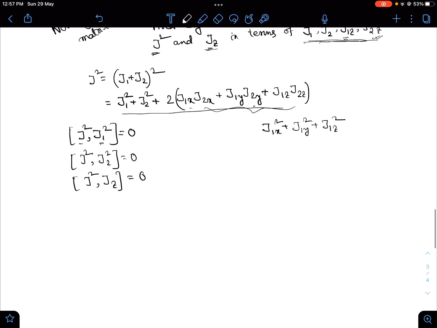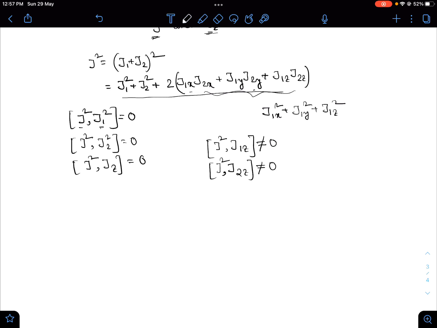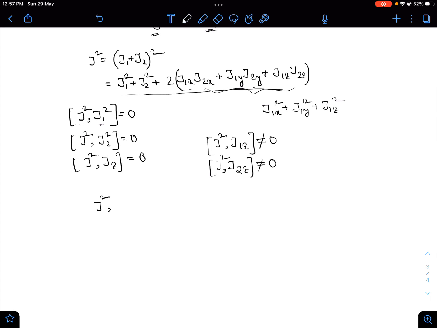But if you do the commutation relation between J square and J1z, you will find it to be non-zero. Similarly, if we evaluate the commutation relation between J square and J2z, we will again find it to be non-zero. That means we can only simultaneously diagonalize J square, Jz, J1 square and J2 square.